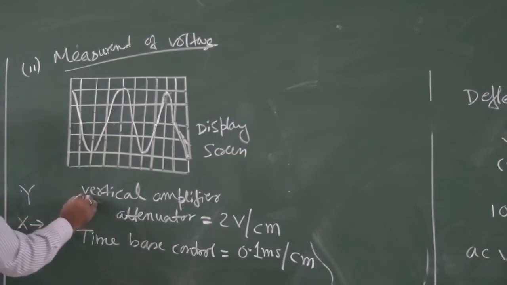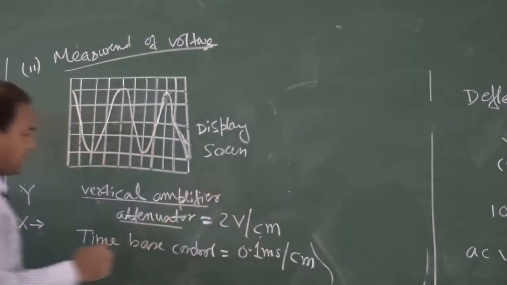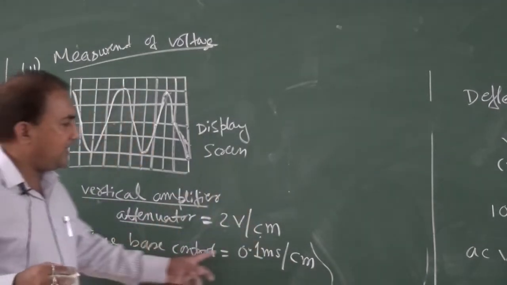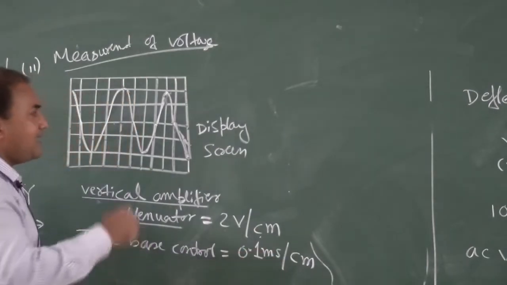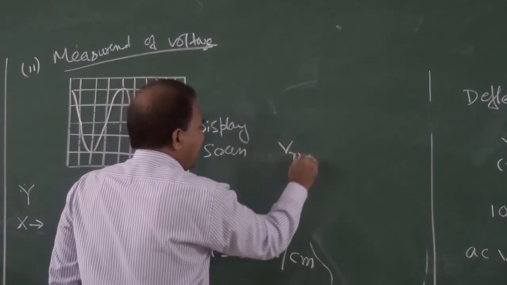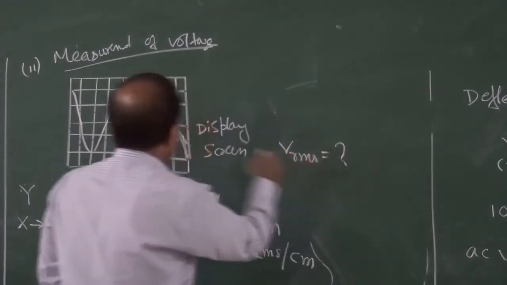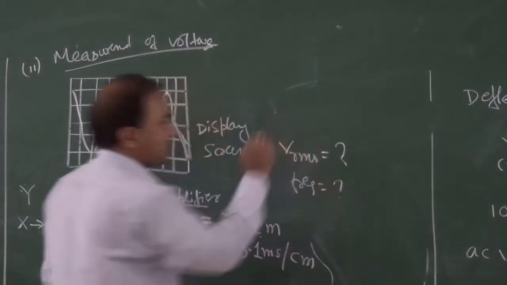If this type of wave is appearing on the display screen of a CRO, and the vertical amplifier attenuator is given as 2 volt per centimeter, and the time base control is given as 0.1 millisecond per centimeter, then how can we determine the Vrms of this signal and the frequency of this signal?